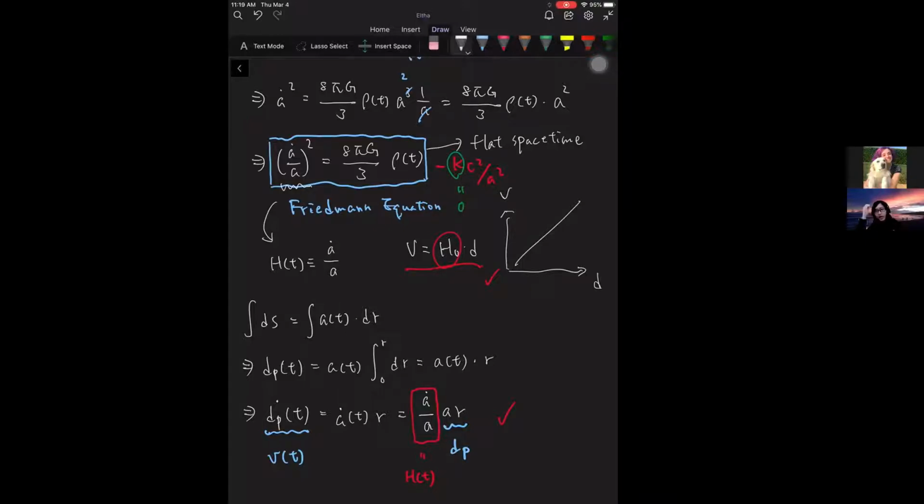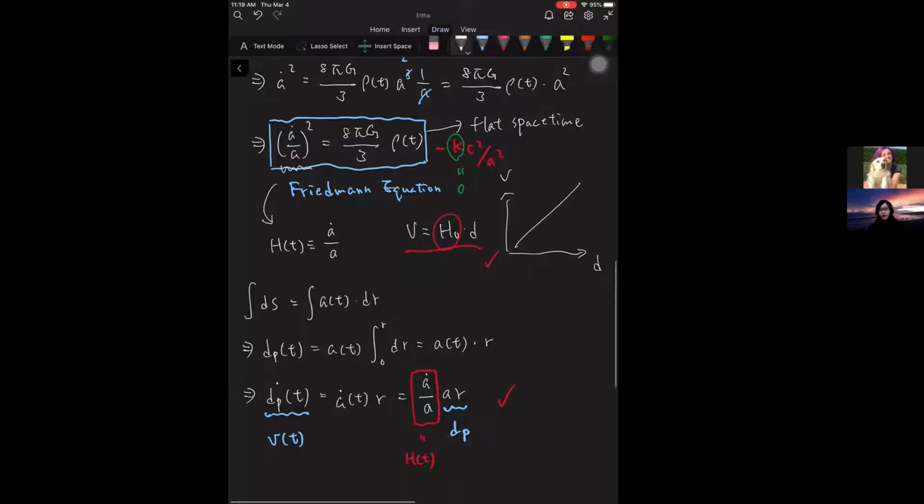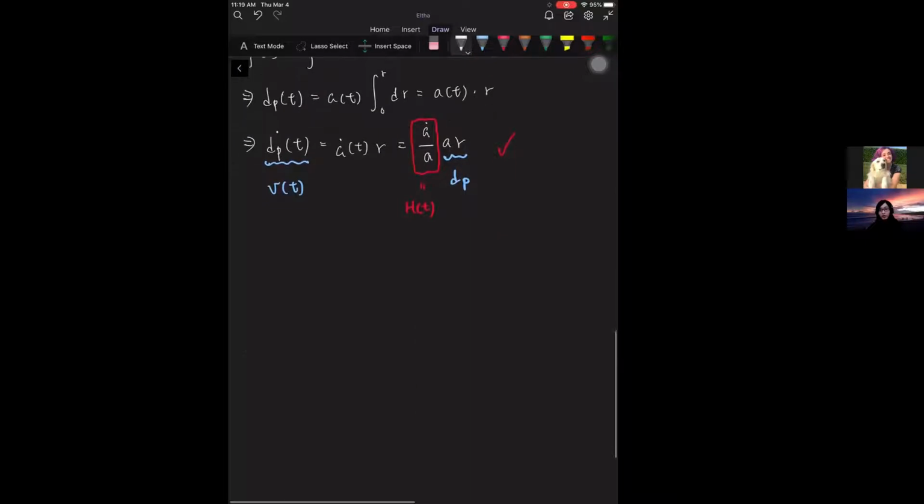Just in case you are curious about how it is derived in general relativity, I can give you some general picture of how this is derived.